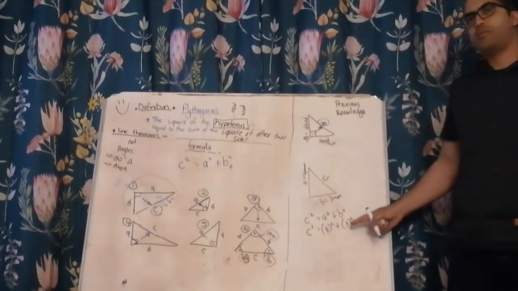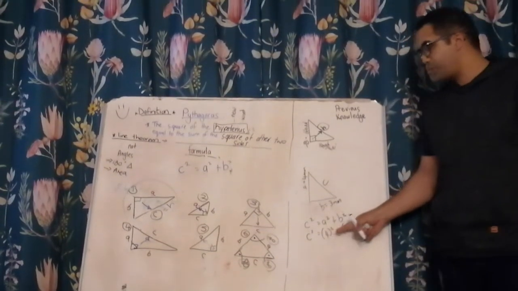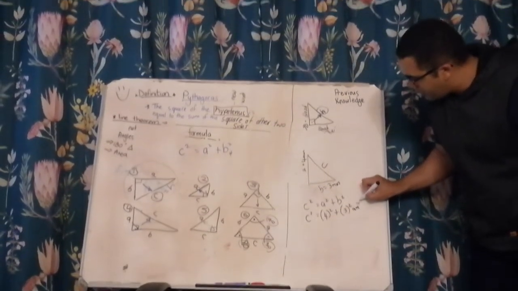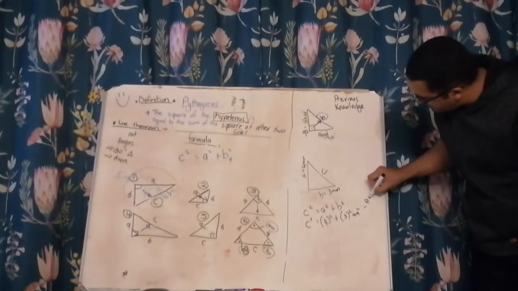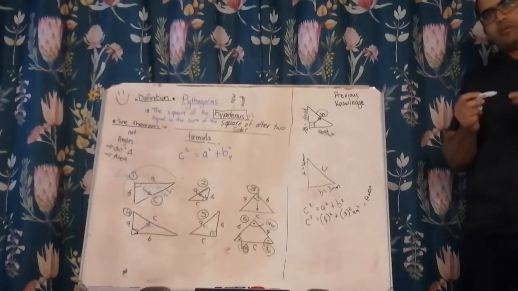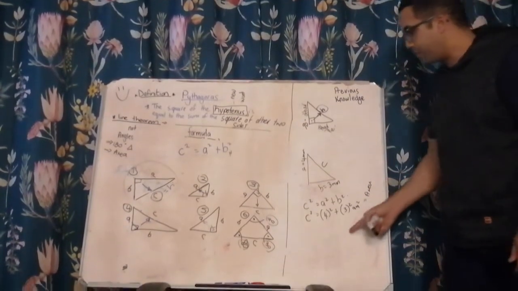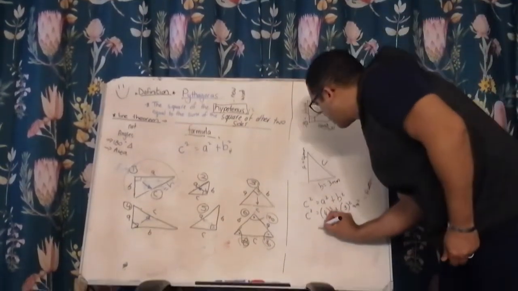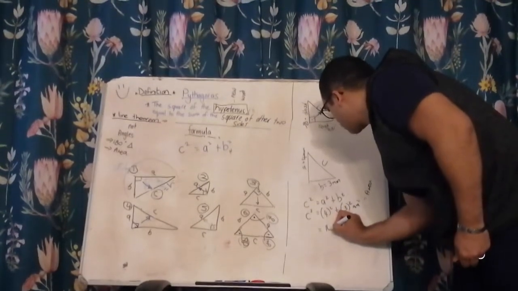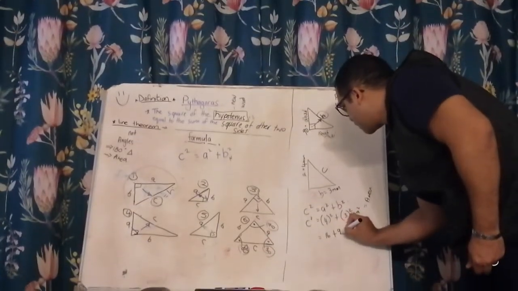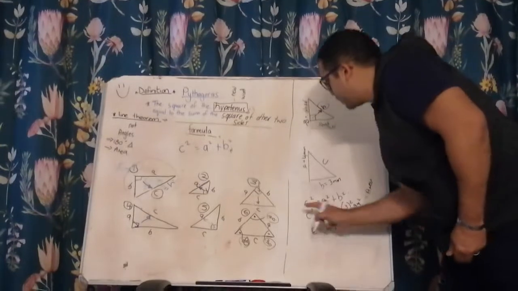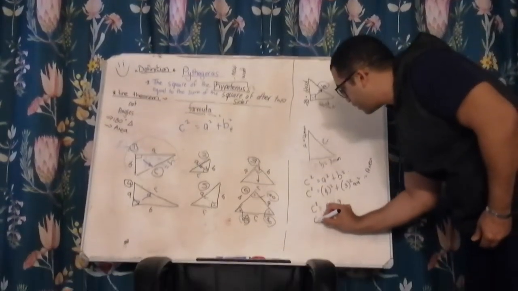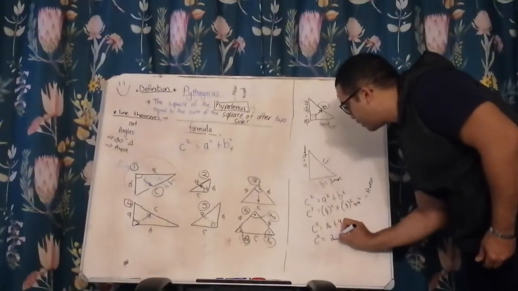Because it's showing squared and squared, our units are going to be millimeters squared, which is equal to area. And because it's area, we have to work it back to find the actual length. So we calculate: 4 squared is 16, plus 3 squared is 9. Please don't forget to bring down that C squared. We know that C squared is equal to 25.